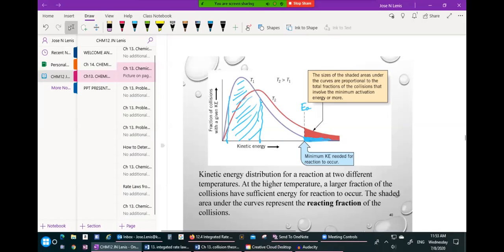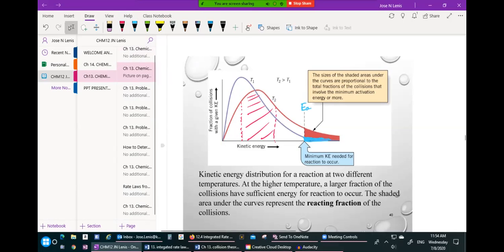For our second case, we have the same reaction running at higher temperature, at temperature T2. So we are increasing the temperature of the system. Notice that at higher temperature, we have more molecules with higher kinetic energy.